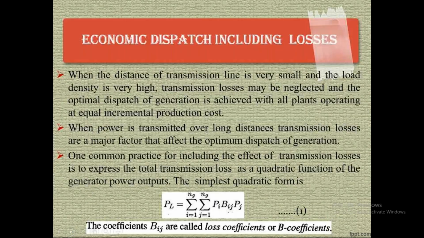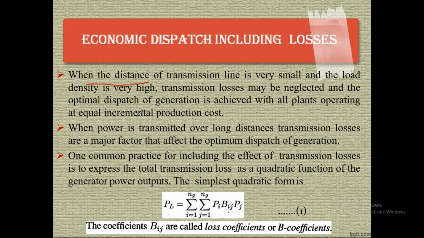See here, I already told that when the distance of a transmission line is very small and the load density is very high, transmission losses may be neglected and optimal dispatch of generation is achieved with all plants operating at equal incremental production cost. This sentence belongs to method one.